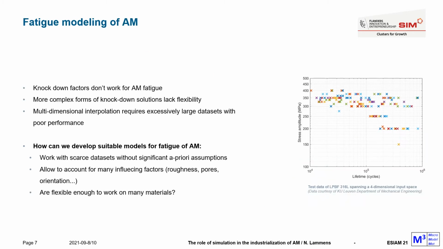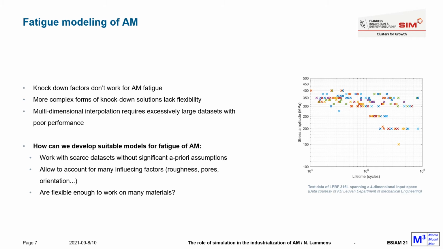The previous slides have all focused on how FE can help us predict the local material condition in an AM component. The next challenge is now to define a fatigue model that is able to take into account all of this extra information and provide a more accurate estimate of fatigue lifetime for an AM component.